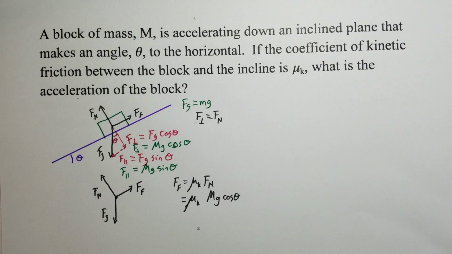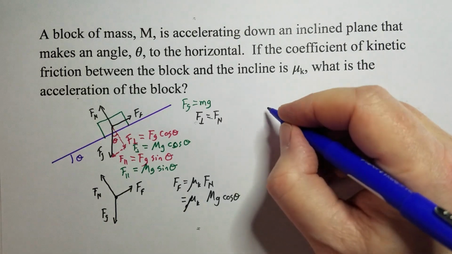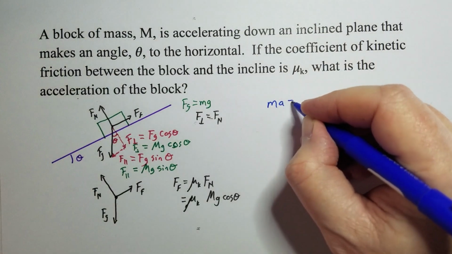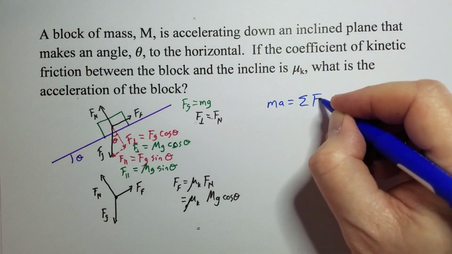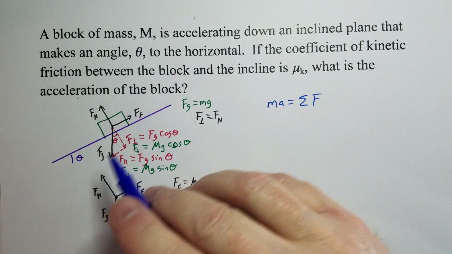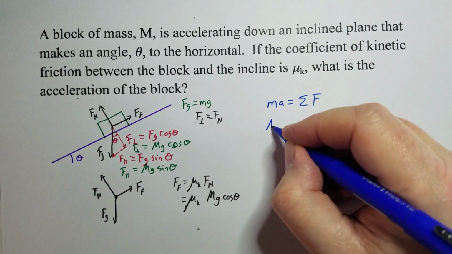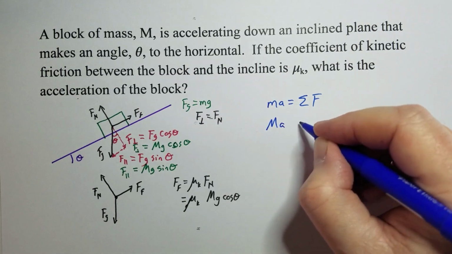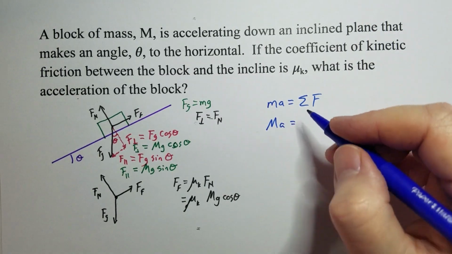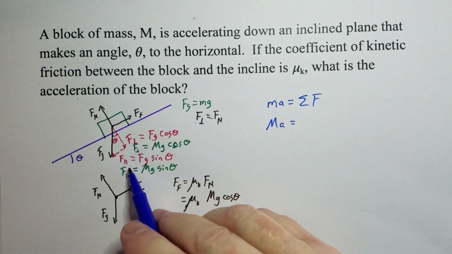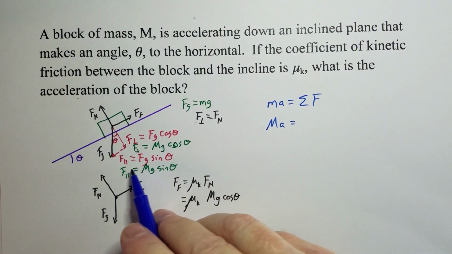Now to figure out the acceleration, we need to do ma is equal to the sum of the forces that's affecting the motion that's going into moving the object. So that's capital M, A we don't know, but what's making it slide down the ramp is this parallel component of gravity.